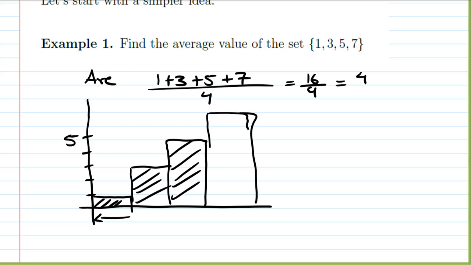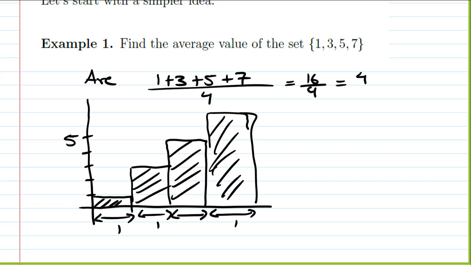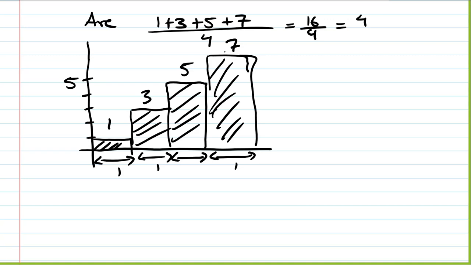Where as long as the width of each of these blocks was exactly 1, and the output was the height, this block would represent the number 1, 3, 5, and 7. And then, if we took the entire length of that interval, what would be the entire length? It would be 1 plus 1 plus 1 plus 1 is 4, right?